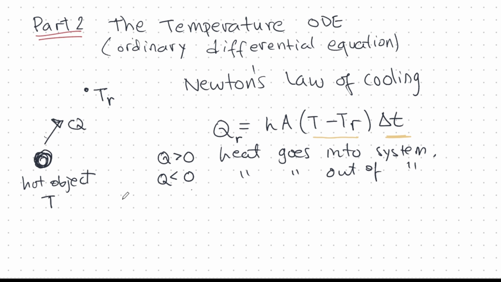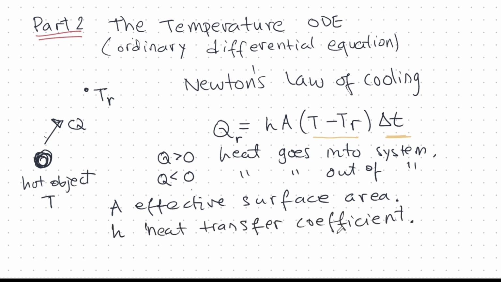Next, we have some other factors. We have this A. This is the effective surface area. So that's the area that participates in the heat transfer. And then we have h. h is the Newton's law of cooling heat transfer coefficient.